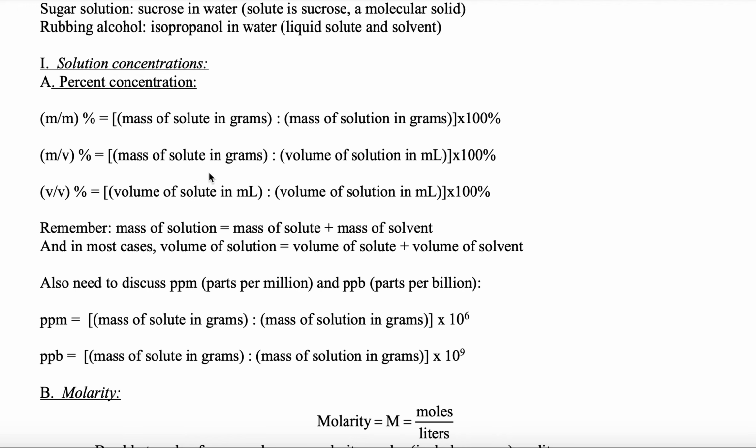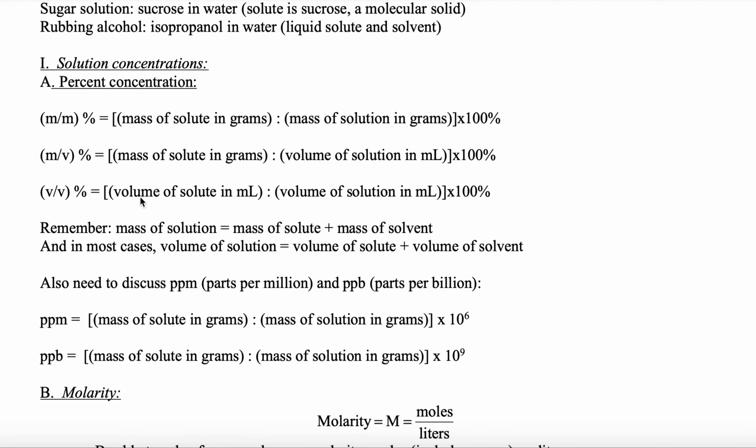So you get that mass of solute divided by volume of solution, and then you times 100. The 100% here, you actually mean you times 100. If you think about 100% equal to 1, if you multiply it by 1, that's not going to get you anywhere. So just 100. Save the percent sign. That's going to be the units later.